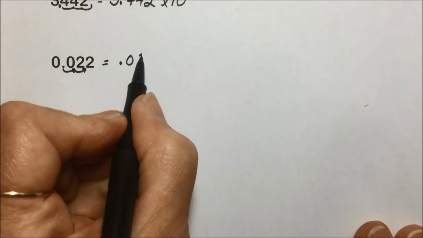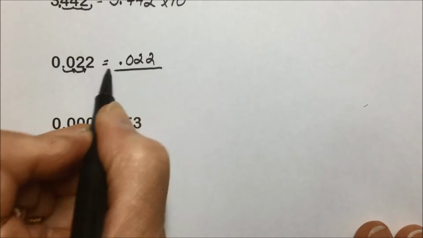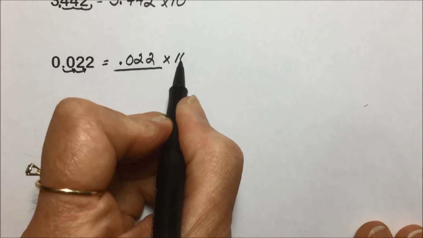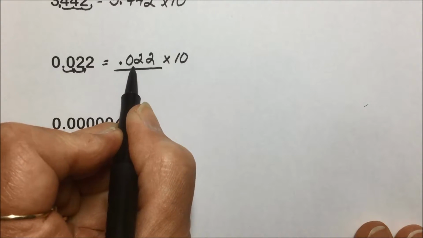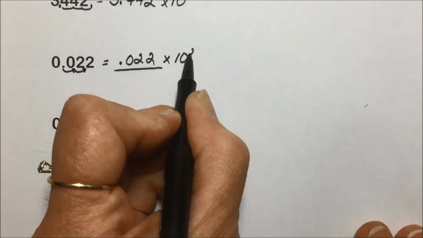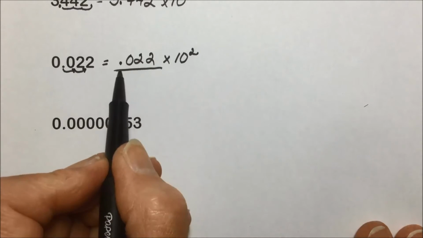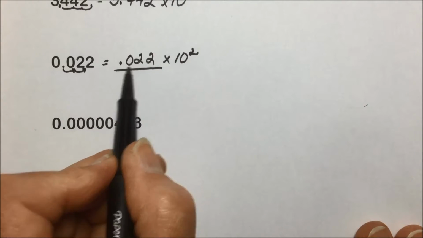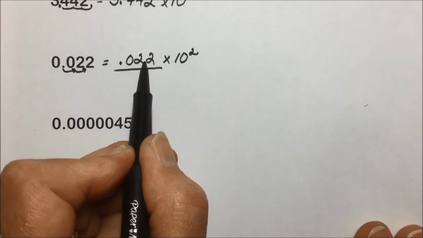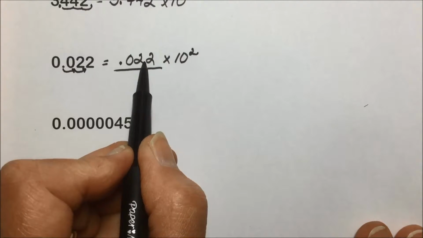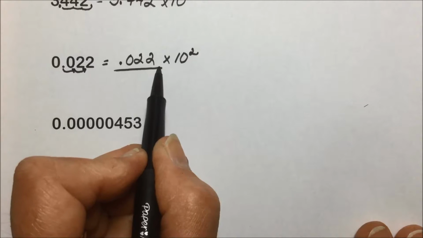Let me write that out. So here was our original number. We're going to multiply by 10 to the 1, 2, or second power. If we multiply this number by 100, it'll move our decimal over 2 places. So it's now in scientific notation.